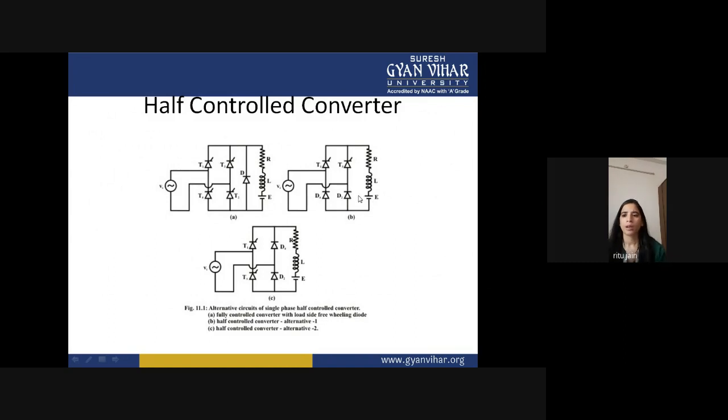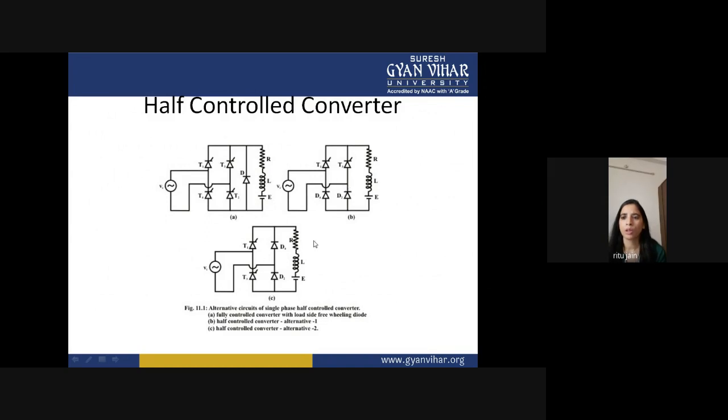This is also a half controlled converter, in which you again use two SCRs and two diodes, but the sequence is different: this diode is replaced by a thyristor, and this thyristor is replaced by a diode. So this is the minor difference between these two diagrams.